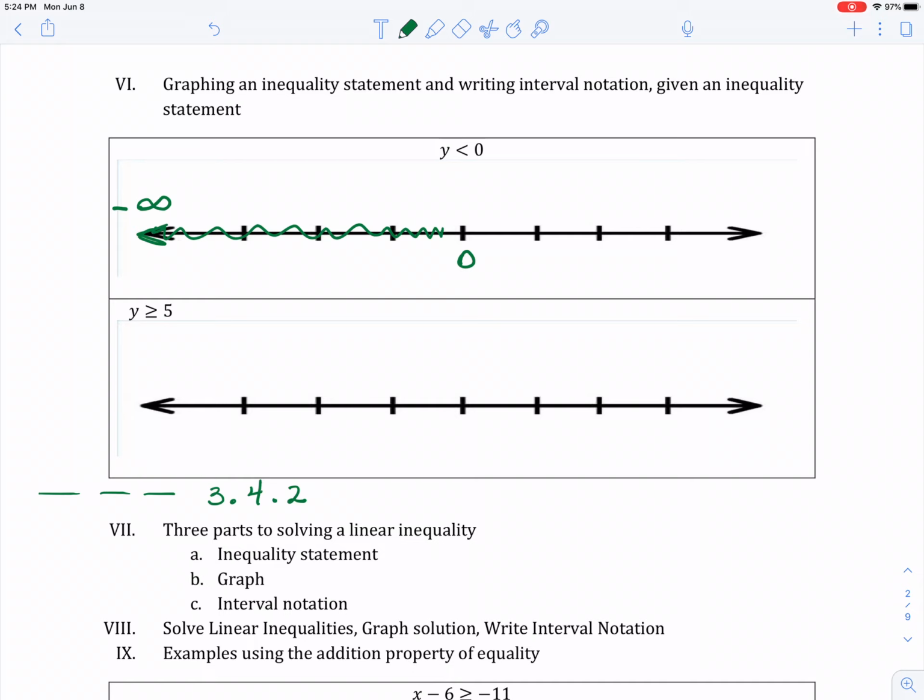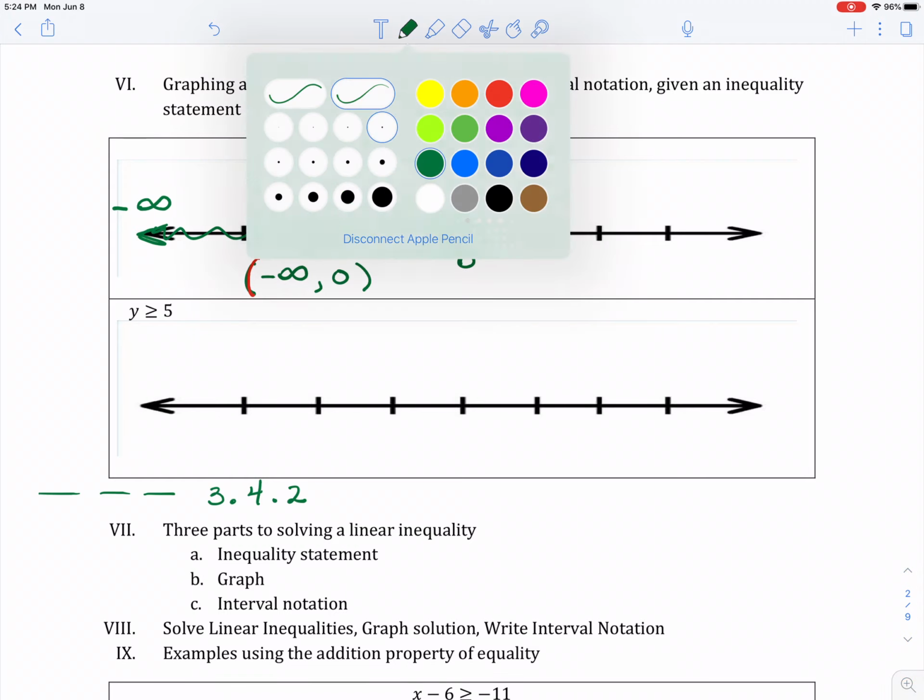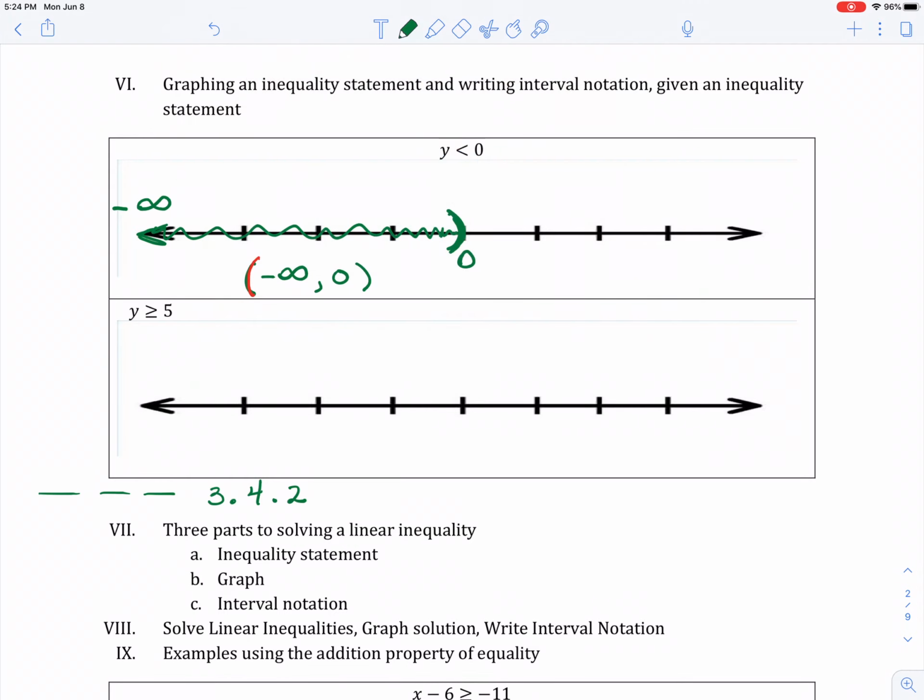It doesn't say less than or equal to 0, it just says less than 0. So I will put the parentheses here. And notice how I curve the parentheses in the direction of where the numbers are located. So that's the way it looks when I graph it. And when you write it in interval notation, it sort of just follows the way the number line looks. And again, notice that because I'm working with infinity, I don't close down that notation.